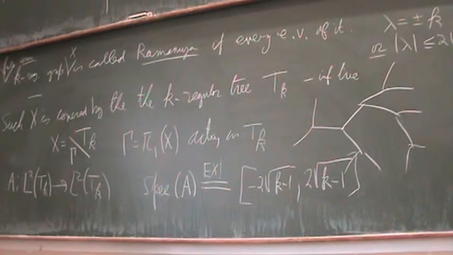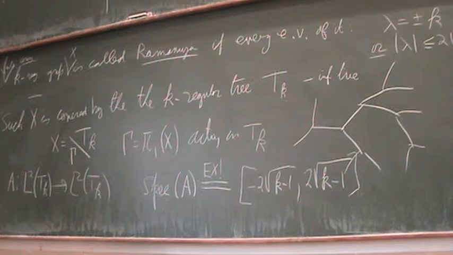And in some sense, you all know now that bounding the spectrum is also related to expanders. In some sense, which we can make precise, the infinite tree is the best expander. If you take a finite subset of it and look at its boundary, it expands in the best way.